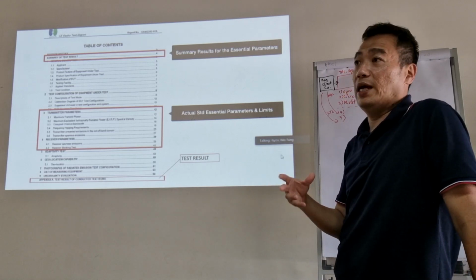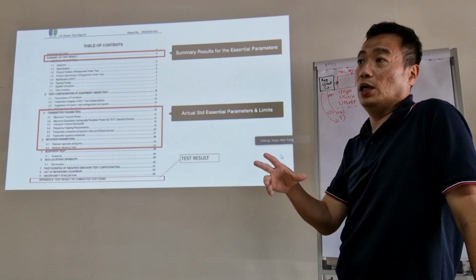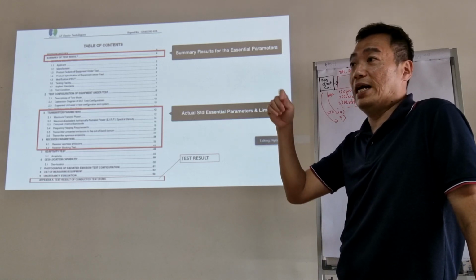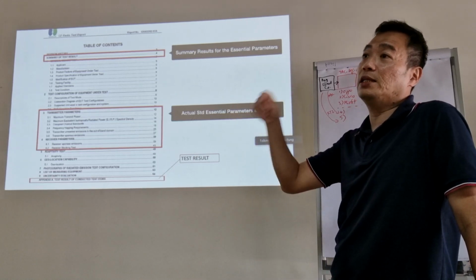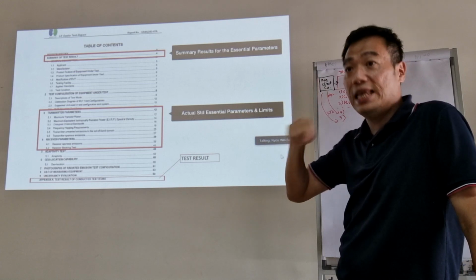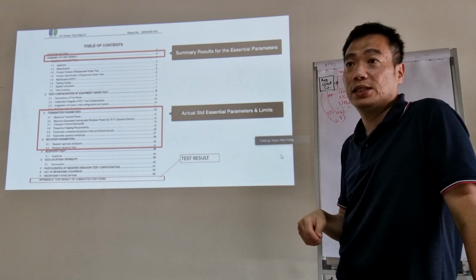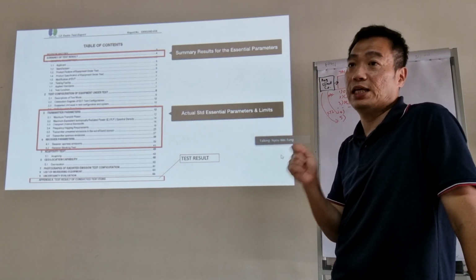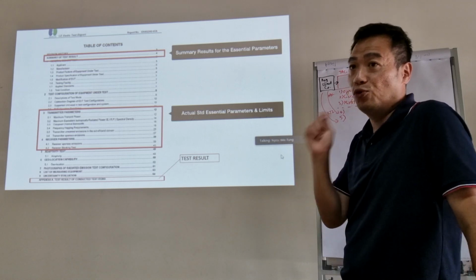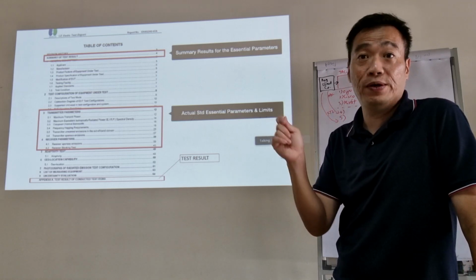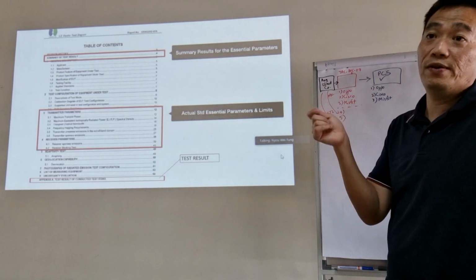Because sometimes they fail already, they give you the report, but their principal office in Shanghai or Sweden has done the latest test, then pass. So you request for the latest test report, which proves that the product does not fail.